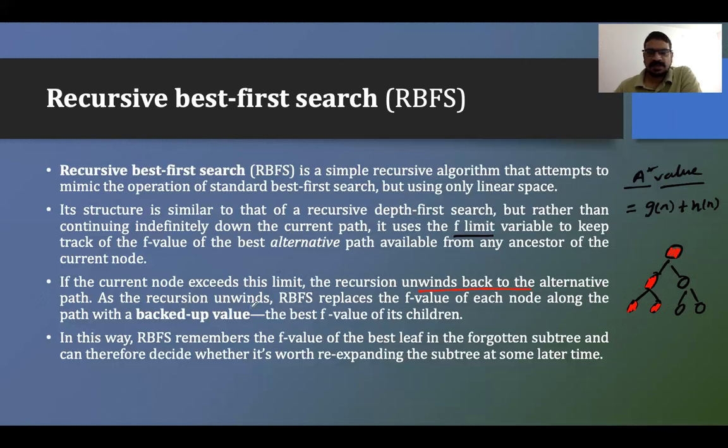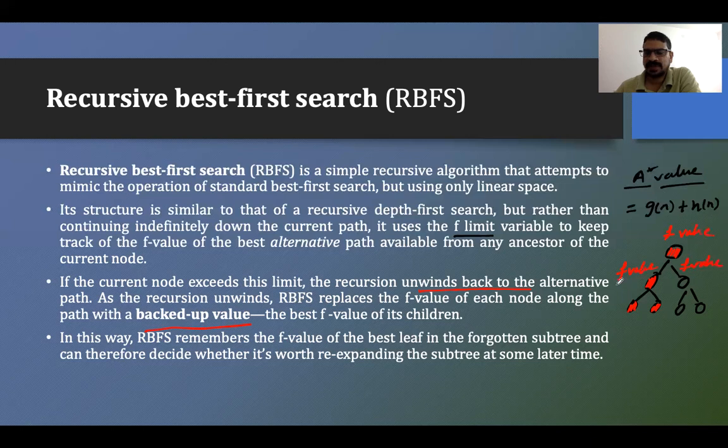As the recursion unwinds, this recursive best first search replaces the F value of each node along the path with the backed up value. So here this F value keeps on changing for each and every node. If each and every node is allotted some F value, this particular F value is calculated, as I told you, based on the A star value, and we have some other condition.